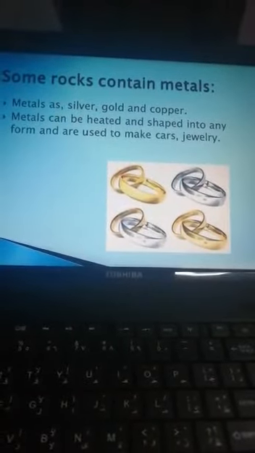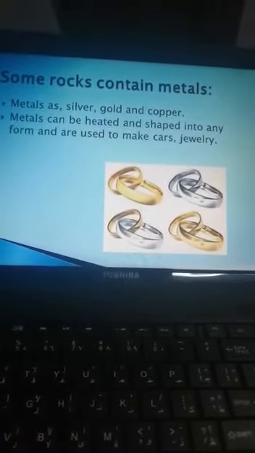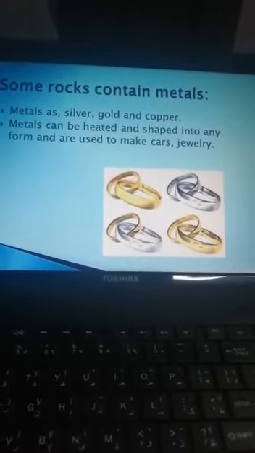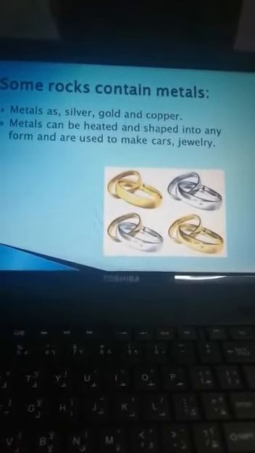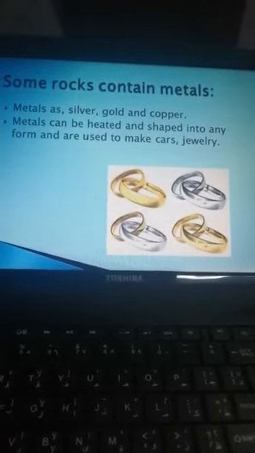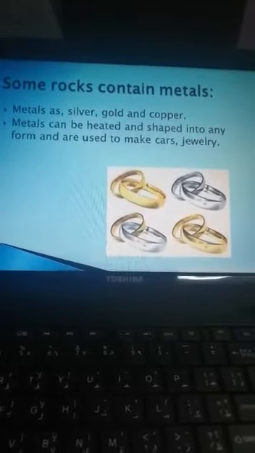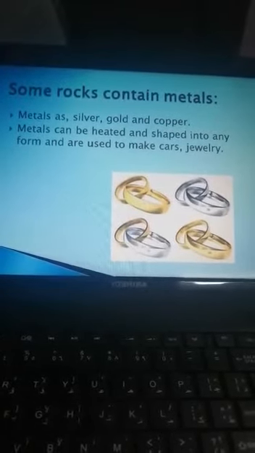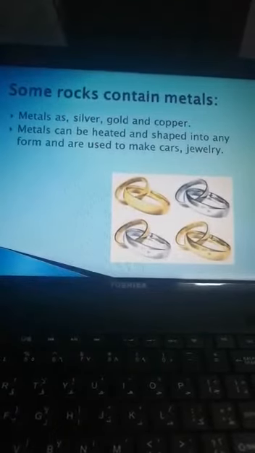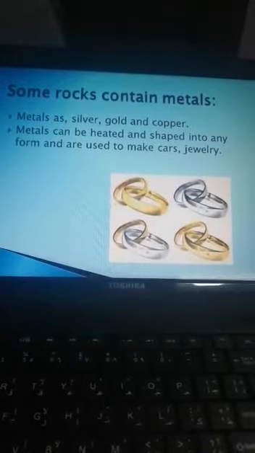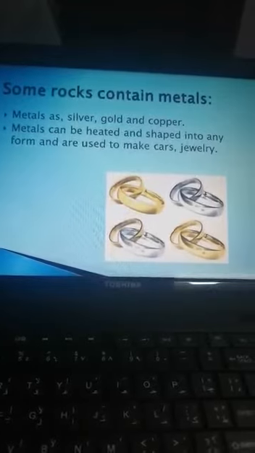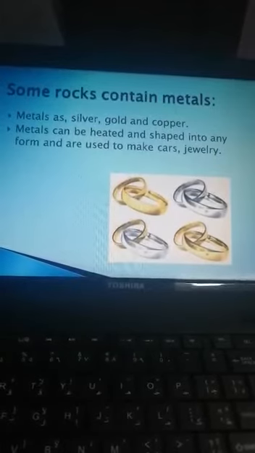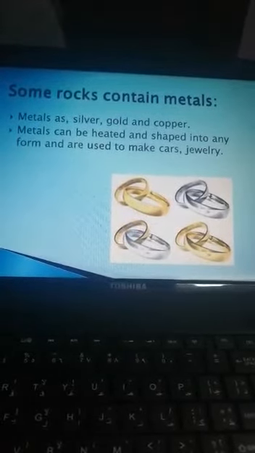You must know that some rocks contain metals. What's meant by metals? Metals such as silver, gold, and copper. Metals can be heated and shaped into any form. So we can heat metals to form different shapes, and they are used to make cars, jewelry, electric wires, car frames, and bridges.